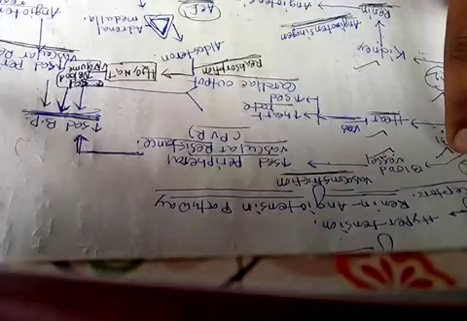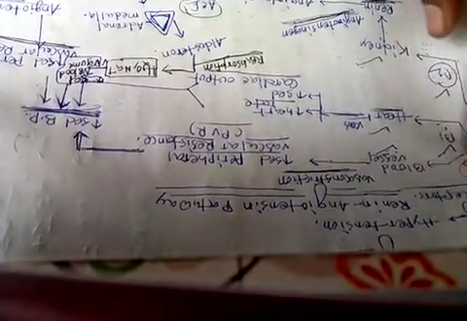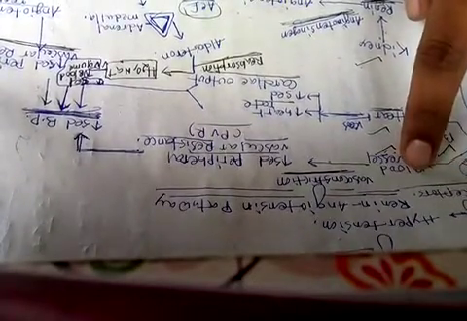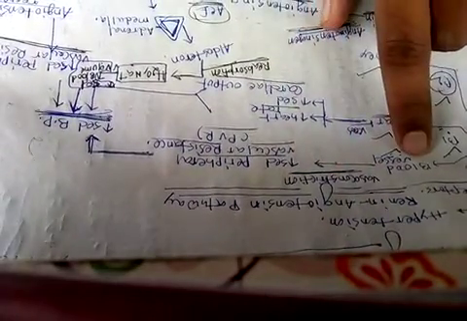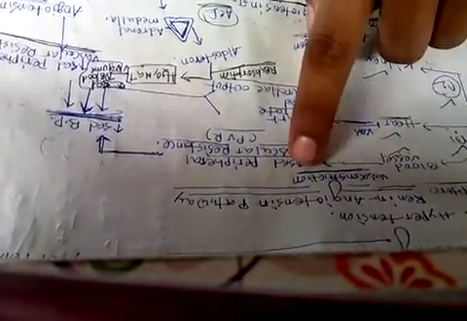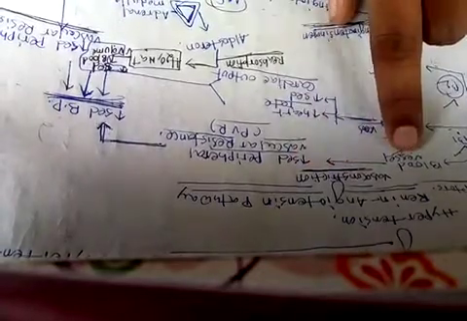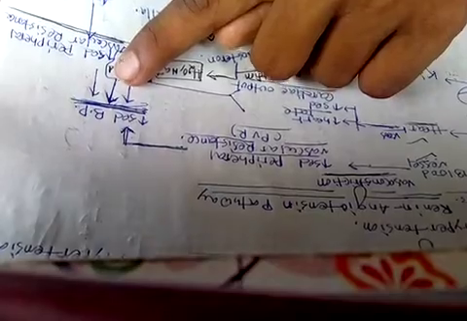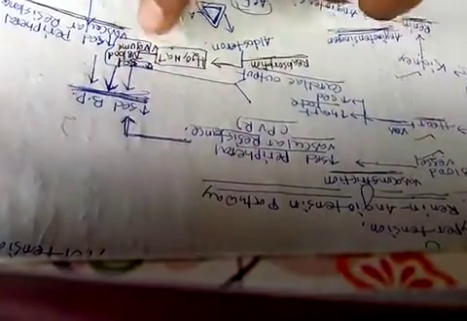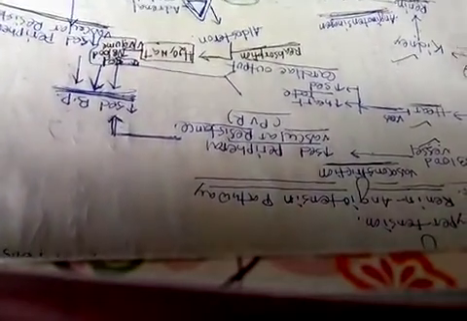So you can see the blockage of the alpha receptor. After the blockage of the alpha receptor, we cannot see the vasoconstriction of the blood vessel, so we cannot see the increase of the blood pressure, and thereby we can reduce the blood pressure, right? So that is the sympatholytic drugs.